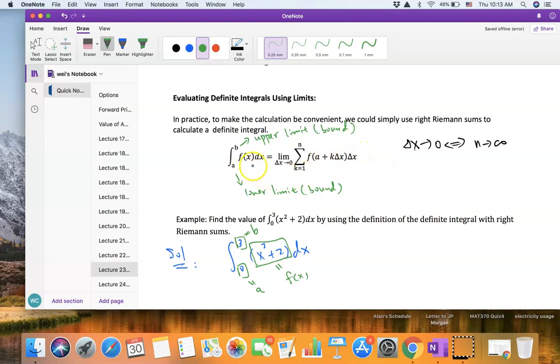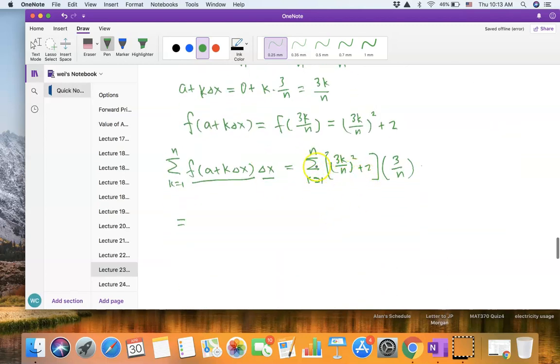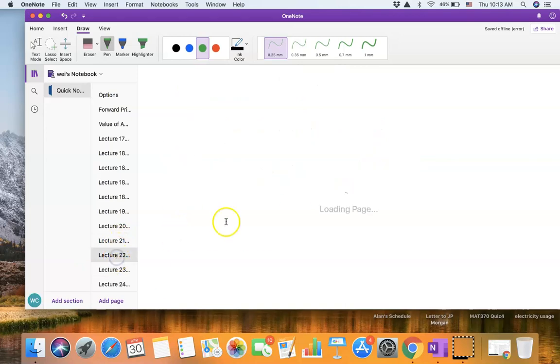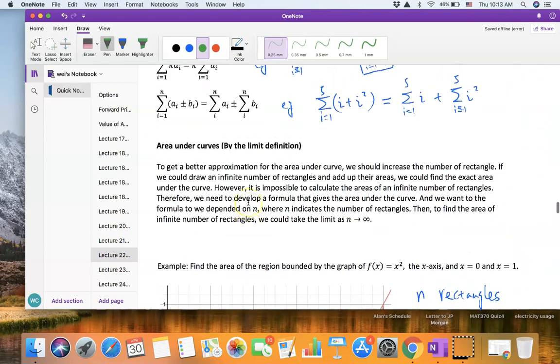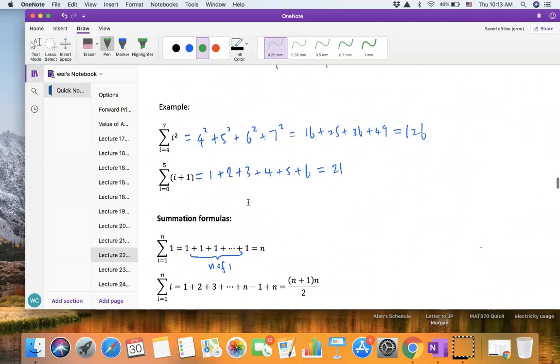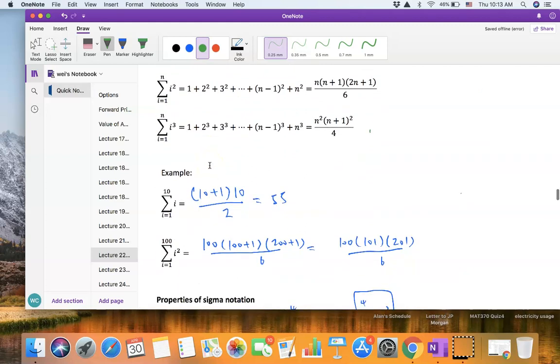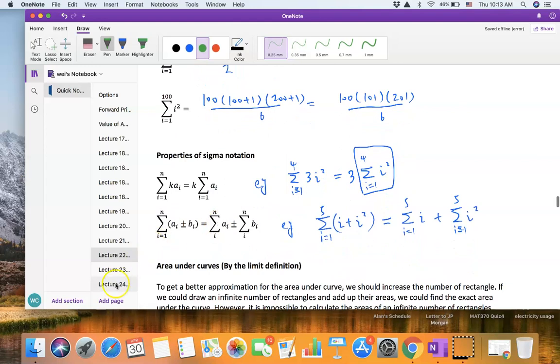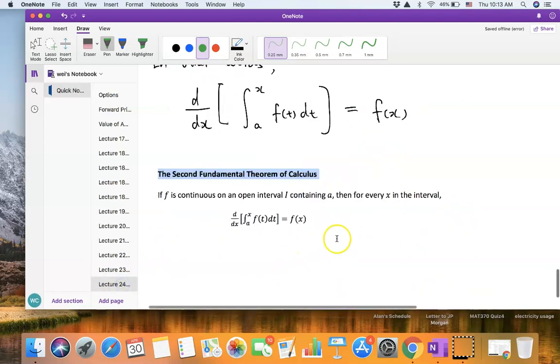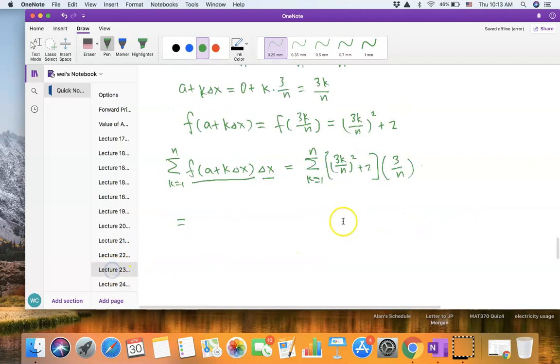That number will be the answer of this definite integral. So when we are doing this, we are going to use what we learned from the sigma notation, the results from the sigma notation, especially the formulas and the properties of the sigma notation. Okay. So let me go back to here.